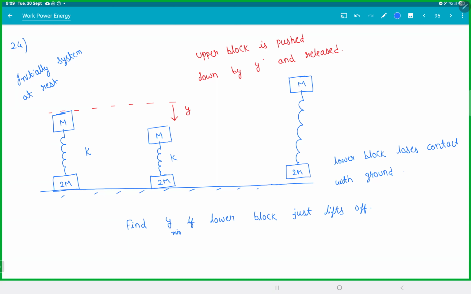Think of what is happening. It's completely fine if you don't get an answer, but like I keep saying, if there are 4 to 5 steps, figure out 1 or 2 steps. How is the block moving?